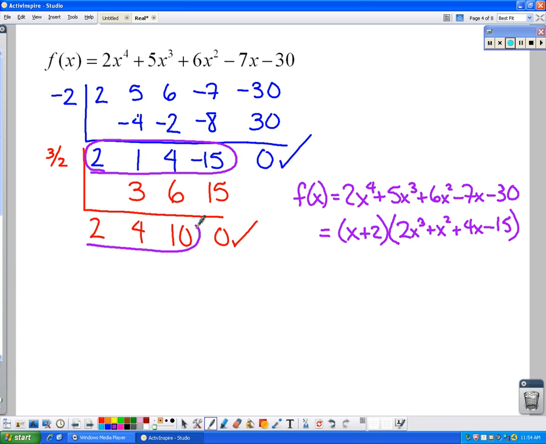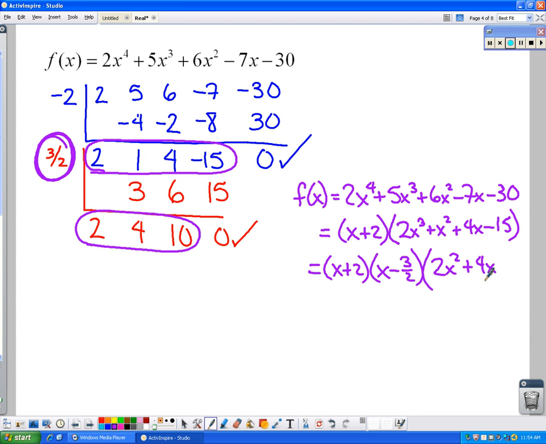We were able to divide it. We were dividing it by 3/2. Now, as a factor, that would be x minus 3/2. And our quotient, 2x squared plus 4x plus 10. Now hopefully when you see that quadratic, you do see a common factor of 2.